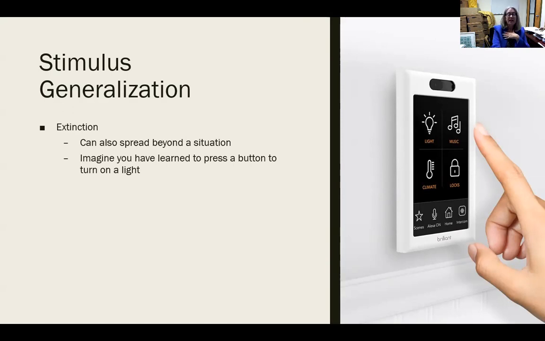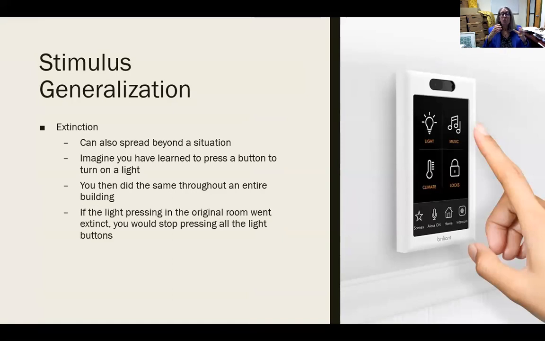Now let's say you turn on the lights in other buildings. That's stimulus generalization. You realize when I go to another room and I turn it on, the light's going to go on there too. But then let's say you go back to the original room and you press the button, and it doesn't matter how many times you press it, the light stops working. So in other words, that becomes extinct.